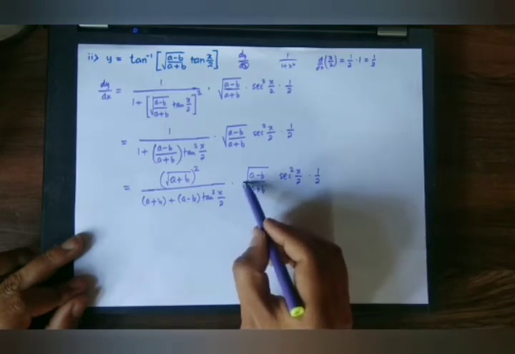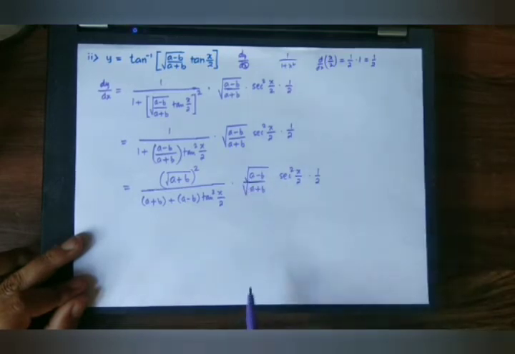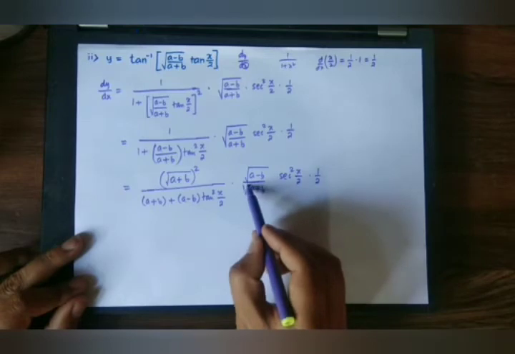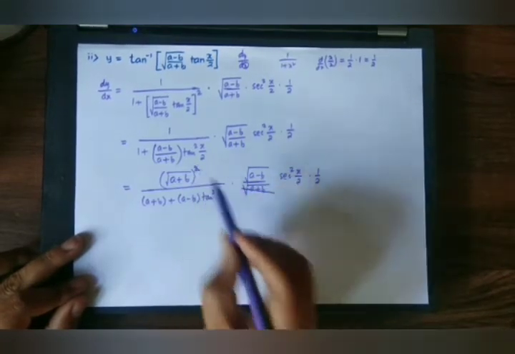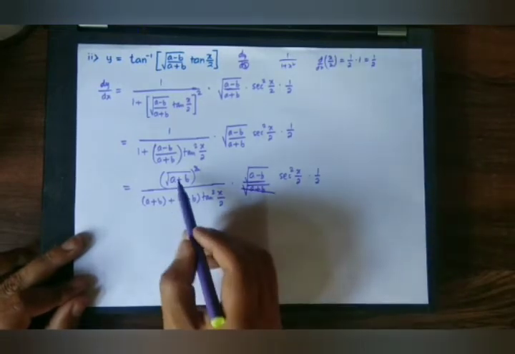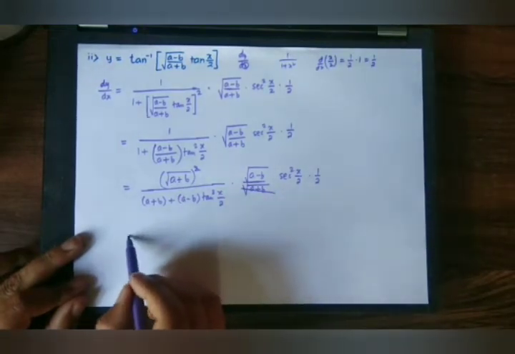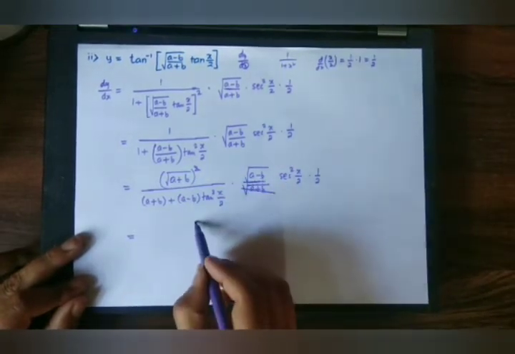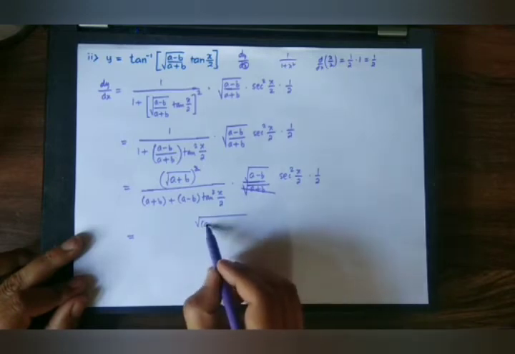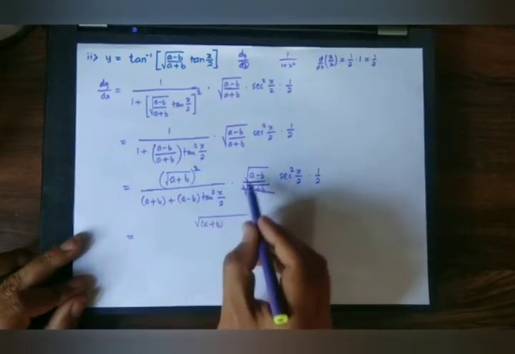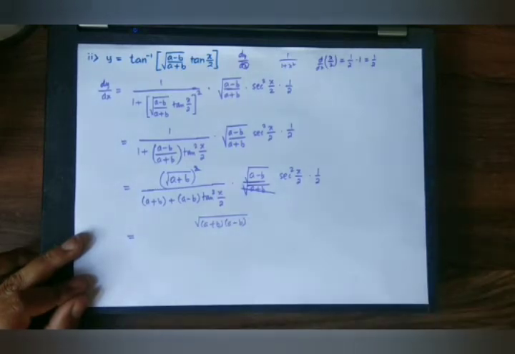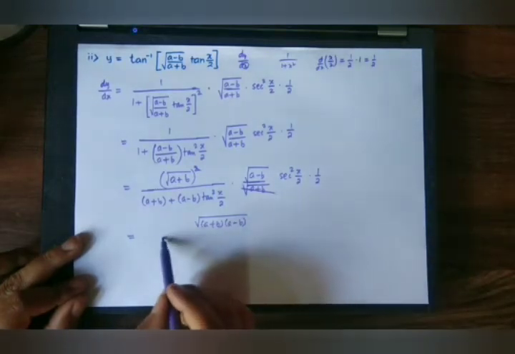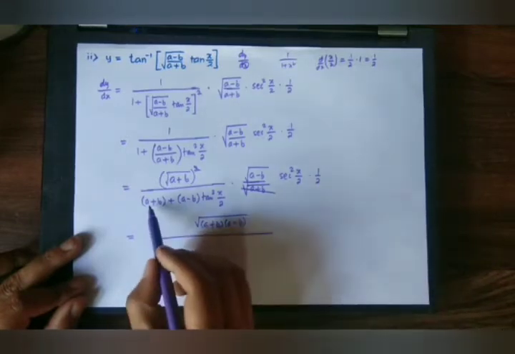So in fact you can write it this way. Okay, so this root over a plus b and this root over a plus b will cancel each other. Okay, so in the numerator we have root over a plus b here, and this a minus b can be combined, right?